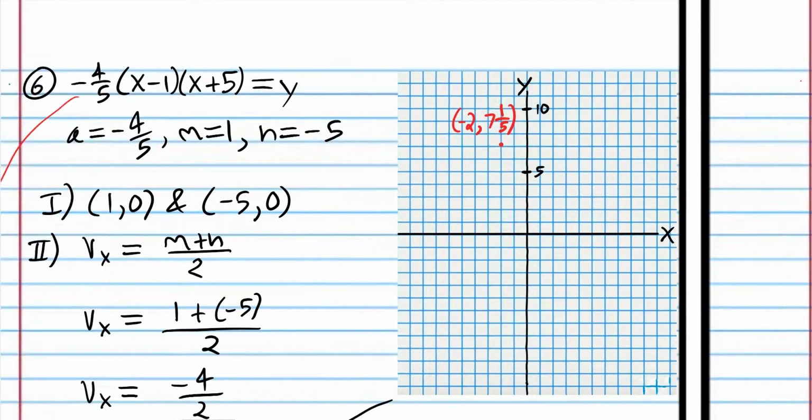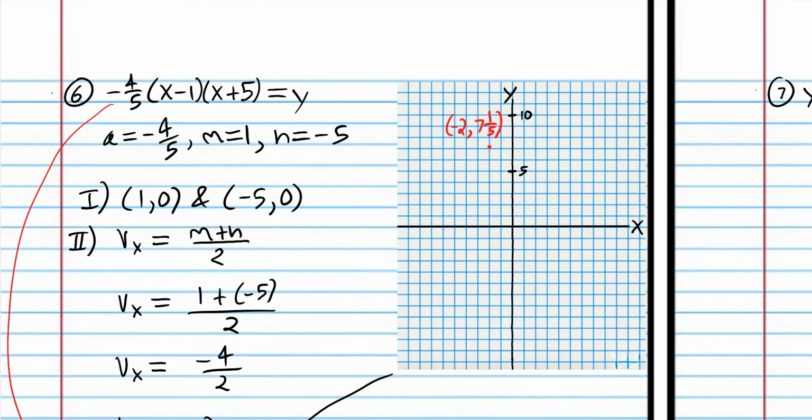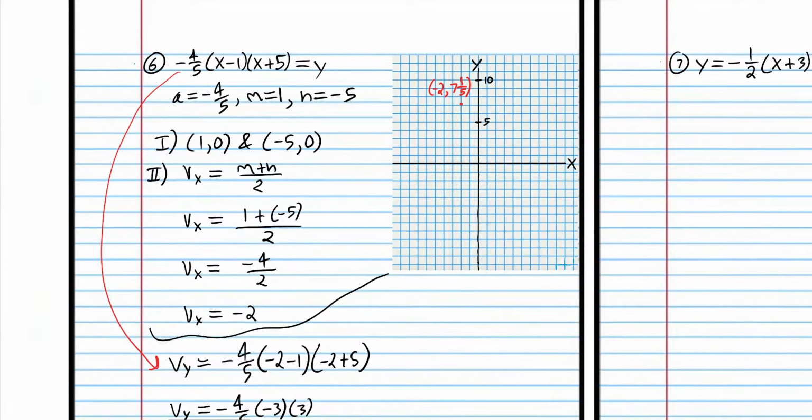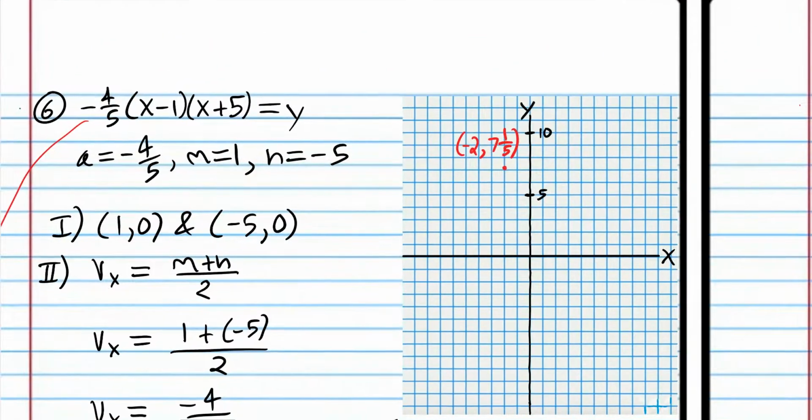All right, and what other point should we use here? I think 0 is going to be a good point to use. Actually, no, I'm sorry. We can just use the intercepts. So 1 is here, and -5, 1, 2, 3, 4, 5 is here. So that's -5, 0, and 1, 0.